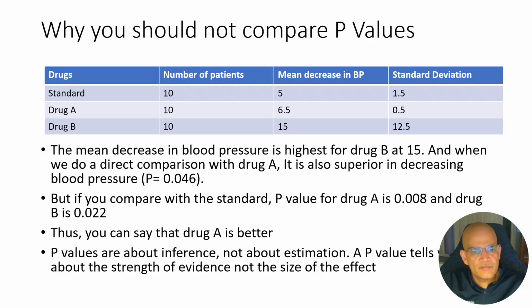But if you compare with the standard, the p-value of drug A will come out to be 0.008, while drug B is only 0.022. So you can say that drug A is better because the p-value of drug A is lower, but when you compare drug A with drug B, you will find that drug B is superior. So p-value is about inference, it's not about estimation. It does not tell you anything about the strength of the evidence or the size of the effect for that matter.